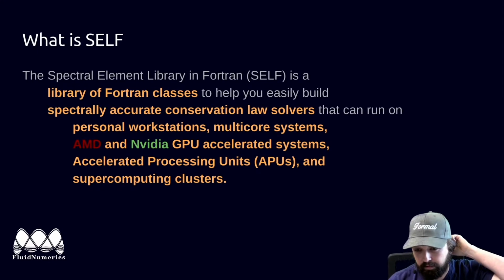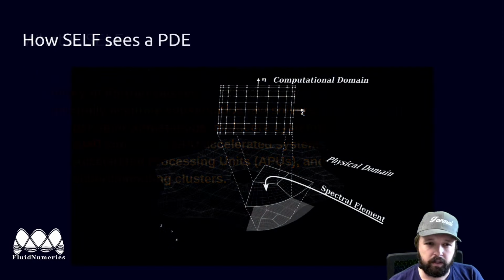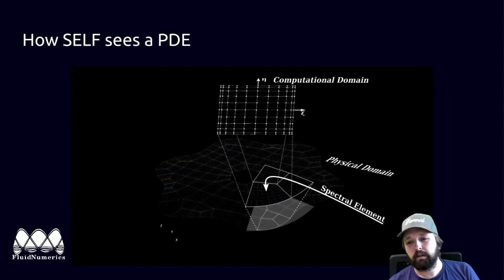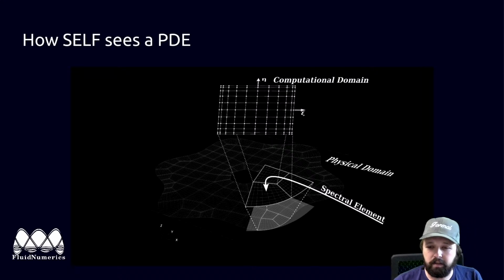We've got a lot of things baked into SELF that allow you to do that, and we try to make it as simple as possible to write your own conservation law solver. If you've watched these before, we've gone over that a few times, but going forward, we'll continue to have tutorials and demonstrations on how to do that.